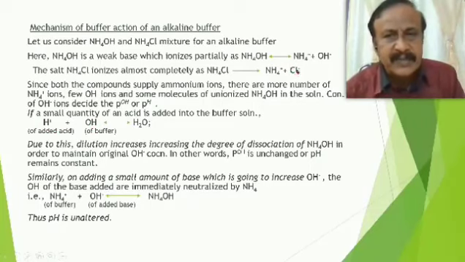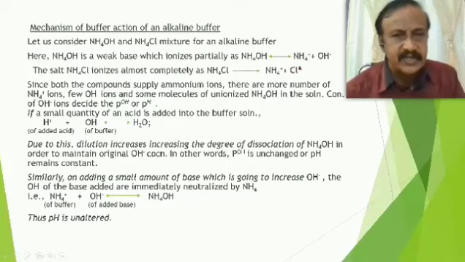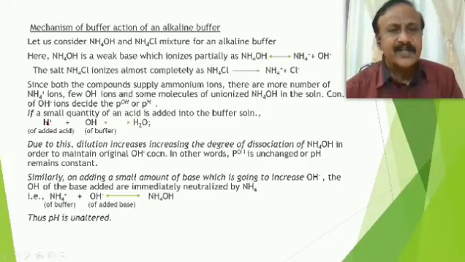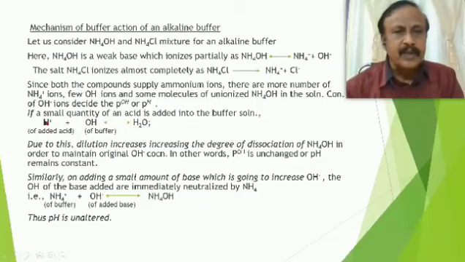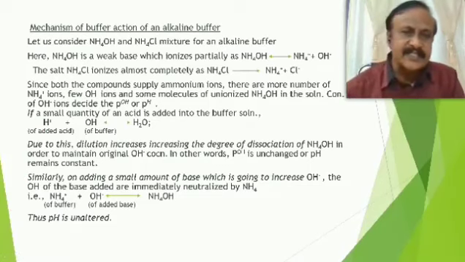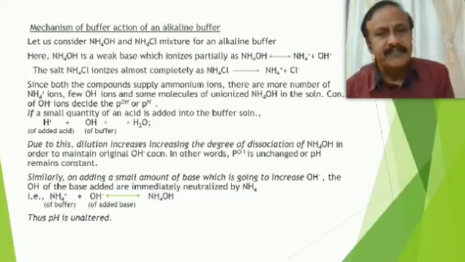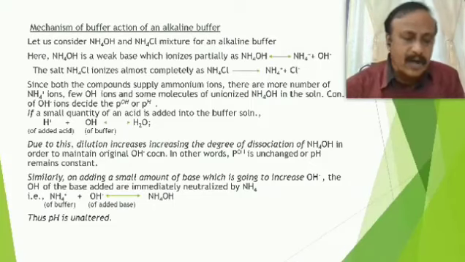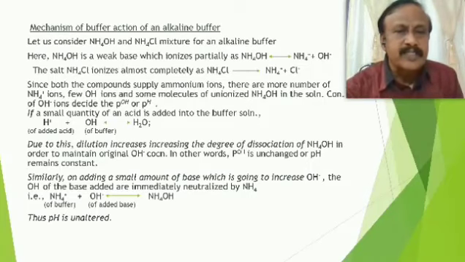Because Cl minus carries a charge opposite to that of H plus, so they should quickly attract together to form HCl. You may be right, but when HCl is formed, HCl is a strong electrolyte as we know. It ionizes back, forming H plus and Cl minus. So the net, effective reaction is that the H plus of the added acid is neutralized by OH minus present in the buffer.